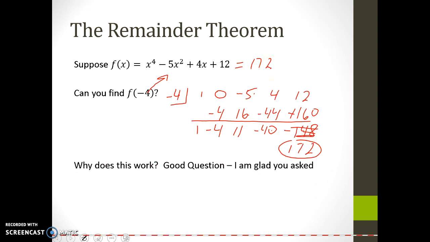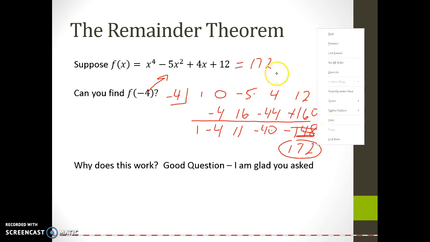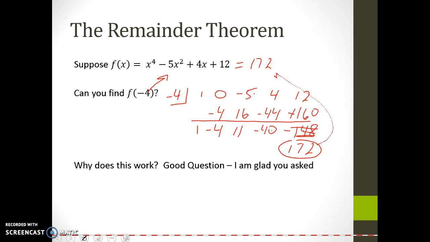Well, why does this work? It's a good question. The remainder will always give you what that expression is equal to. And so what we want to do here is figure out why that works. Well, first of all, I want to show you this. If I take 35 divided by 4, I'm going to get 8 remainder 3.